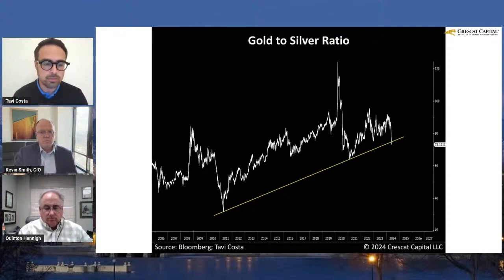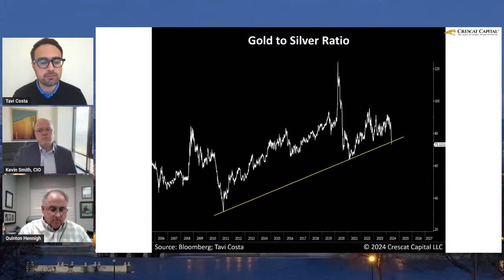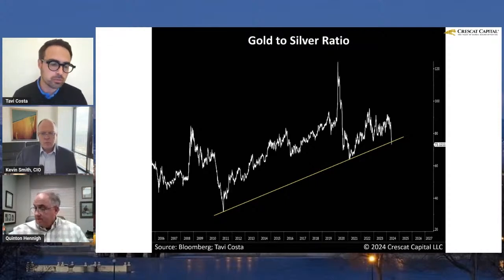And when we looked at the trend of the gold to silver ratio today, it just broke an upward trend that we've had since 2011, when silver peaked at $50 or so, and since then we've now been starting to break that trend, which I believe is just the beginning, and it's the main reason why I think silver is one of the most important and most undervalued metals in the world today.